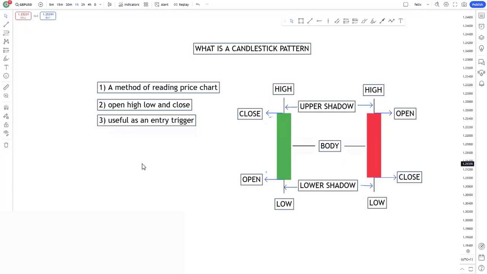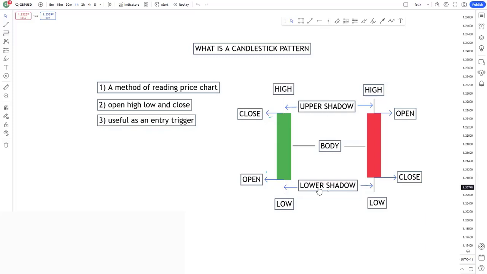So when using candlestick pattern, they're usually red or green candles. It could also be any color, but mostly it's either red or green candles. For example, where price or market opens at this low. This is the low of the section, the highs of the section. This level here is where price closes.